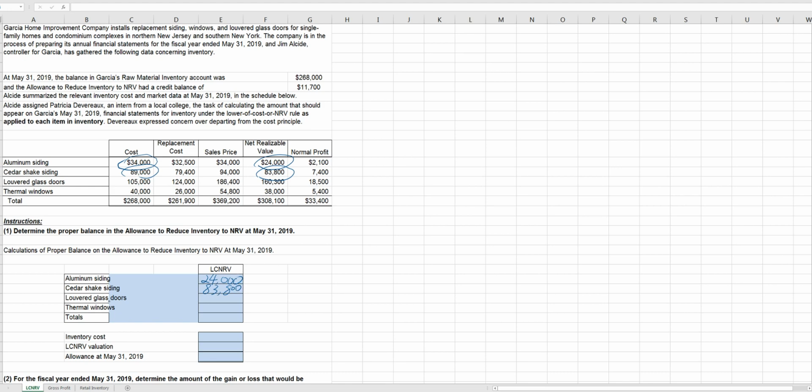For the glass doors, the cost is lower. So the LC NRV equals the cost. And finally for the window, we'll report $38,000. So if you add the 4 inventories' LC NRV together, we're going to get the company's total inventory at its NRV.